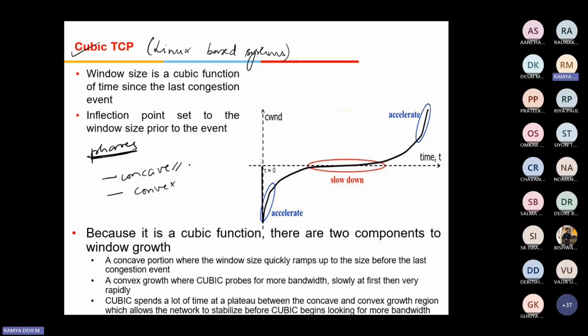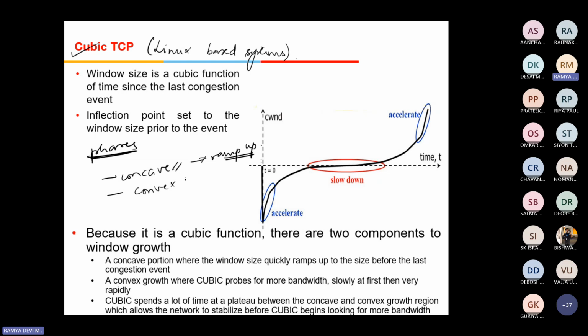That is concave. A ramp-up will happen here, in order to ensure the network link is quickly filled again after a loss event.